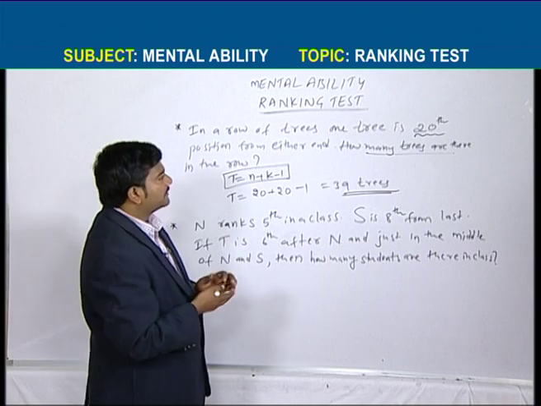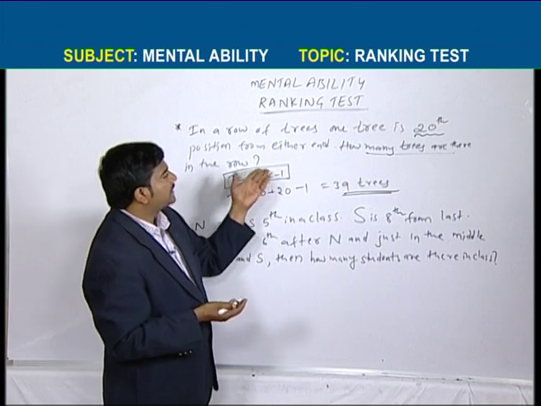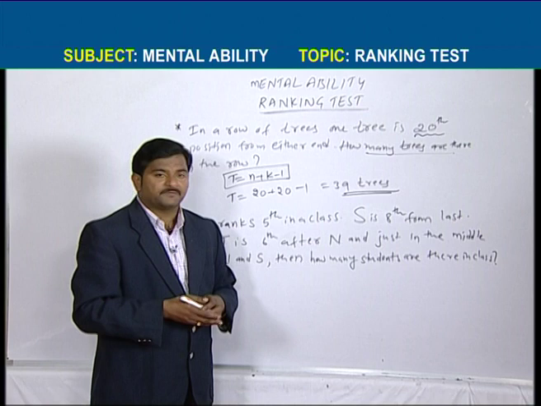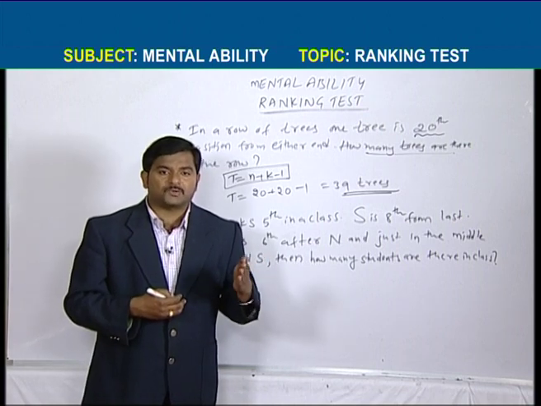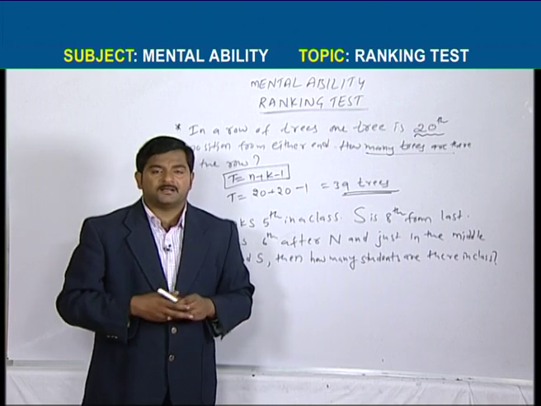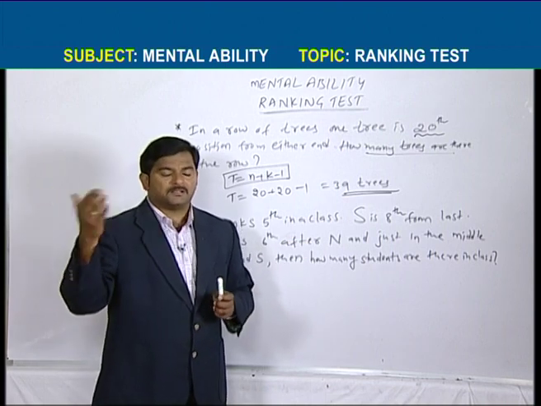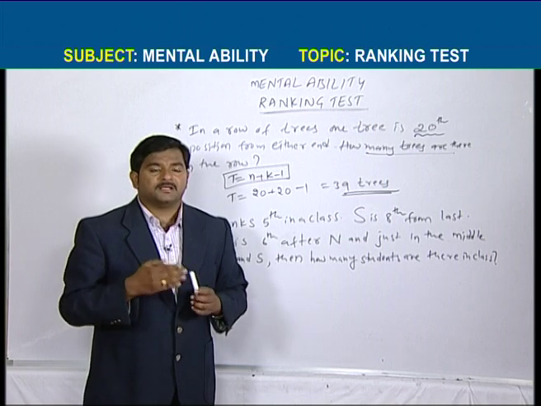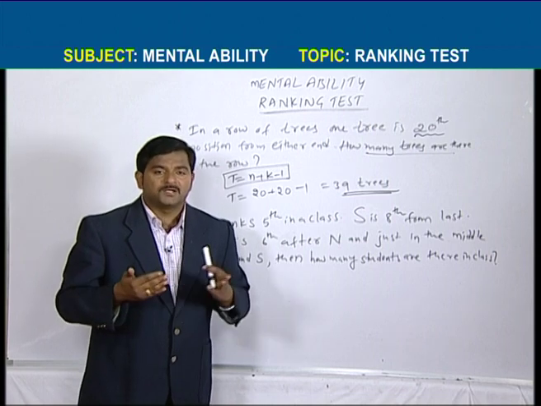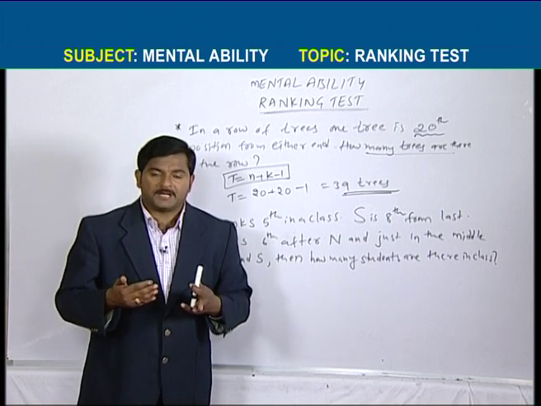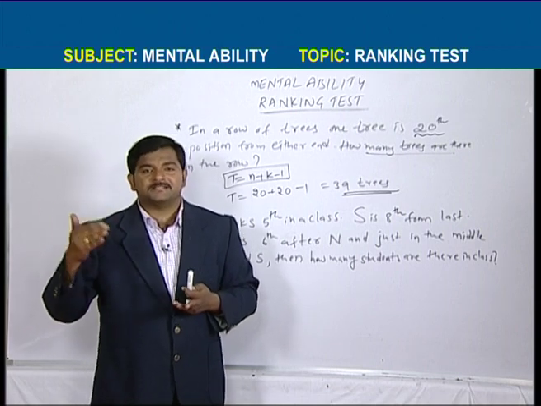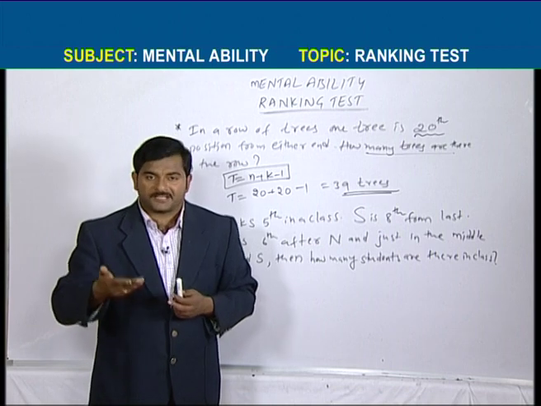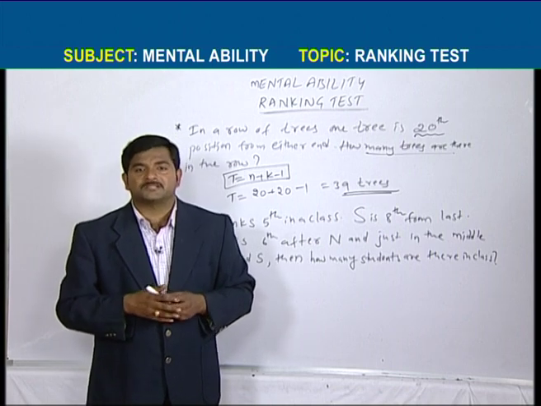Sometimes instead of mentioning the words either end, he may give it like this also. For example, in a class, Raju ranks 20th from the left, and his rank from the right is 30th. How many students are there in that row?